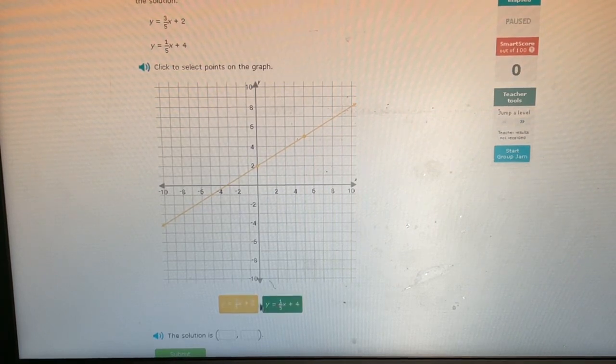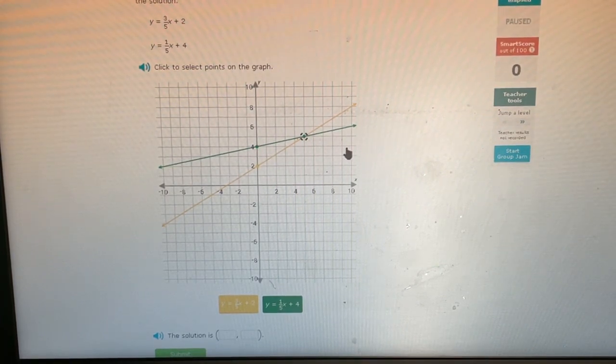Again, notice how it switches back and forth. You can kind of click the colors. Notice how it gives you 2 different colors for 2 different equations. So then in the equation y equals 1 over 5x plus 4, I have positive 4 is my y-intercept, and I go 1 up and to the right 5 to get my ordered pair, and then I have that equation graphed out.